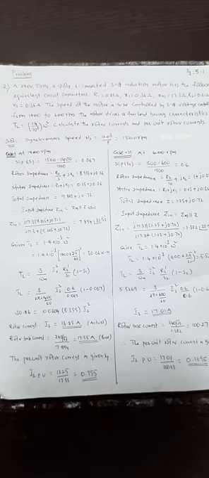In the last class, we ended with a problem belonging to the stator voltage control method: how to calculate the motor current, torque, and speed if some parameters are given.